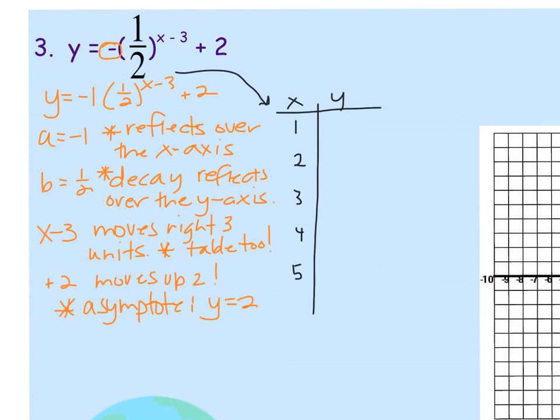So if I plug in 1, the reason why I made all this space, we're going to have negative, and then I've got 1/2 to the 1 minus 3 power plus 2. So we've got to figure all this out. Well, 1 minus 3 is -2. So that would give us negative times 1/2 to the -2 power plus 2. Let's just fix that because that really is not nice to look at.